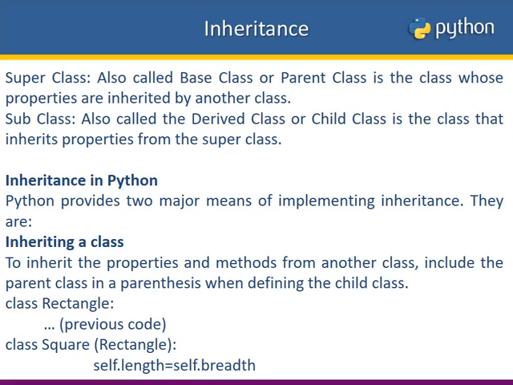For example, we have a class vehicle as the parent class, the super class, and a new class maybe like car. It will inherit the properties or methods, such as the type name of the vehicle. It will inherit the same properties and methods from the super class. That is for the subclass, the new class.